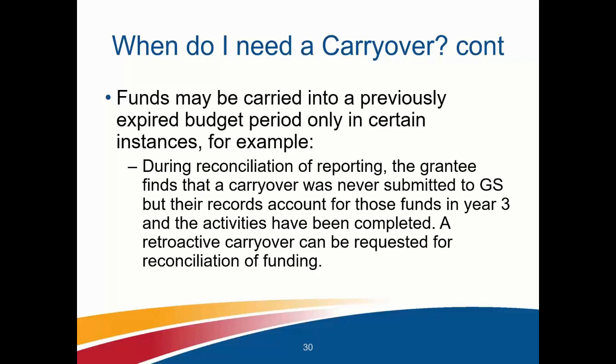That way, PMS will send the request to OGM for approval. Once we get it and approve it, PMS will release the expired funds into that prior budget period, so the grantee can take care of any unpaid expenses from that prior budget period.